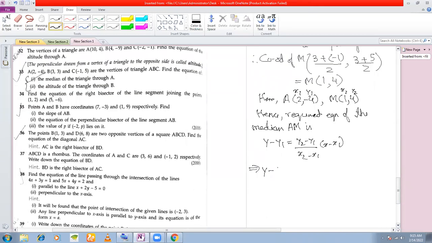You get y minus y1 here is minus 4, is equal to y2 here is 4 minus y1 is again minus 4, divided by x2 is 1 minus x1 into x minus x1 is 2, right? Now we should simplify this. So y plus 4 is equal to 8 by minus 1, which is simply minus 8, into x minus 2.